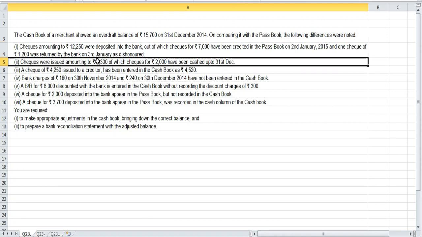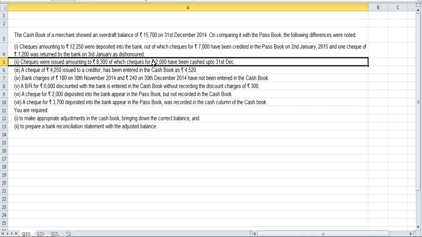Second, checks were issued amounting to 8,300, of which checks for 2,000 have been cashed up to 31st December. So here, we have issued checks from the cash book for 8,300, but out of this, till 31st December only 2,000 was cashed.